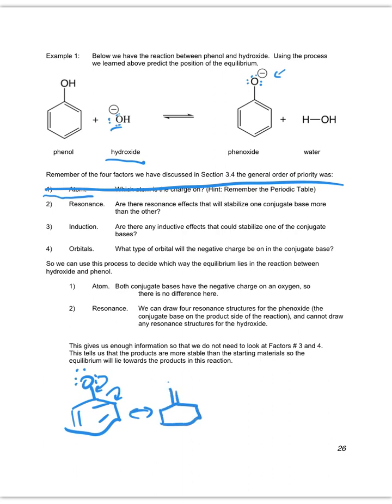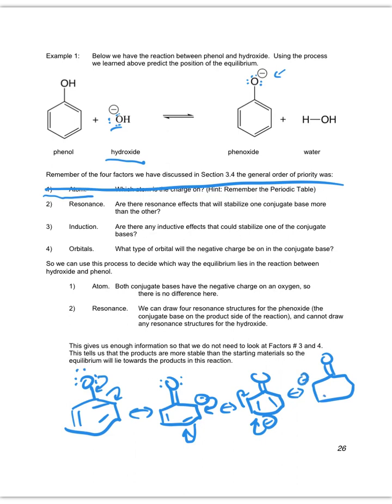You should be able to draw 4 resonance structures for it and send the electrons around the ring and back out onto the oxygen.